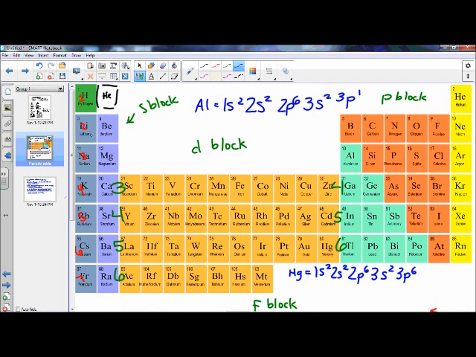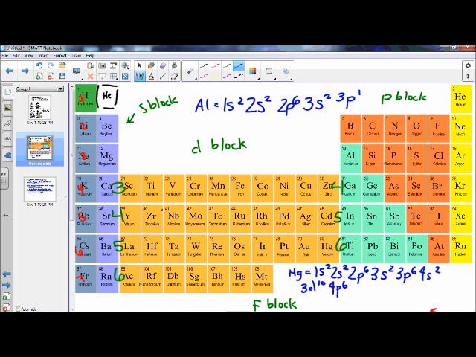Okay, now we're going to 4s2. Now we're going to 3D, and it's 1, 2, 3, 4, 5, 6, 7, 8, 9, 10 to get across. That's 3D10. This one's getting long. Then 4P, 1, 2, 3, 4, 5, 6, 4P6.